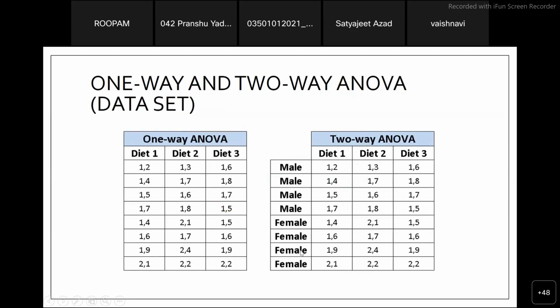So one factor is diet and the other factor is gender. So there are 2 independent factors and the response variable is weight loss. This is not a comma, this is 1.2, let's say 1.2 kg. You have reduced 1.3, 1.6. So your response variable is continuous, but your independent variable is categorical.